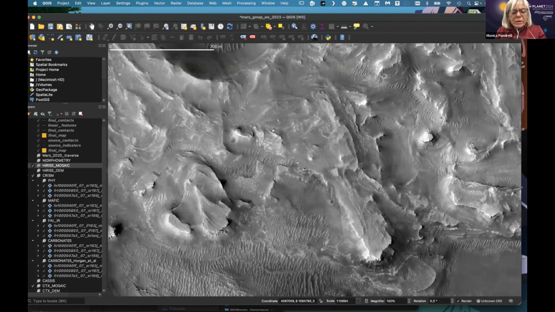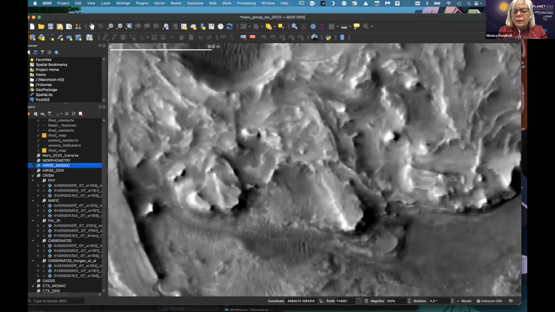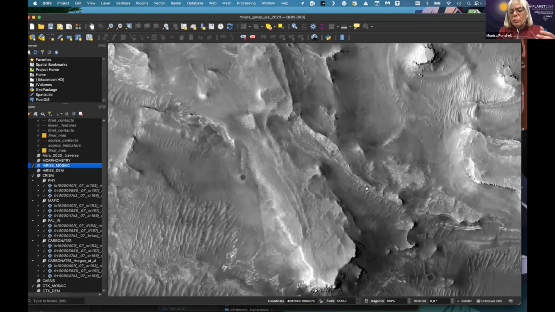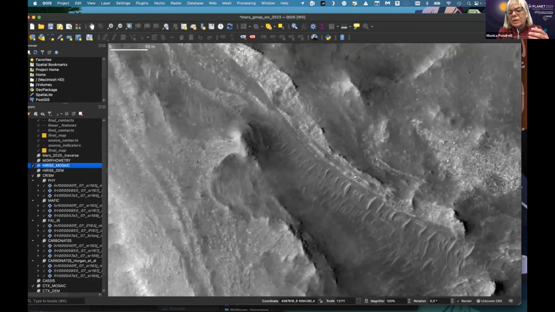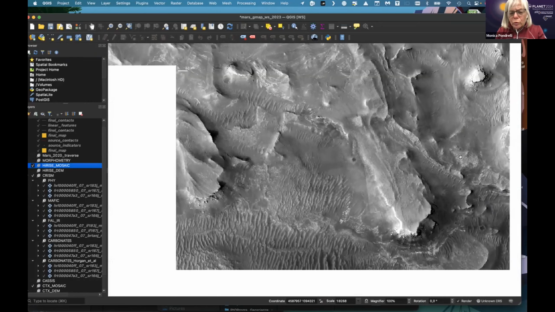With HiRISE, you can really see almost the sedimentary succession, the beds and their texture, and you can go into the details.